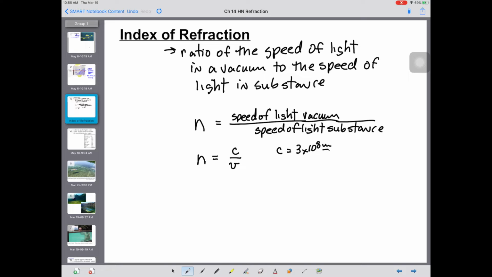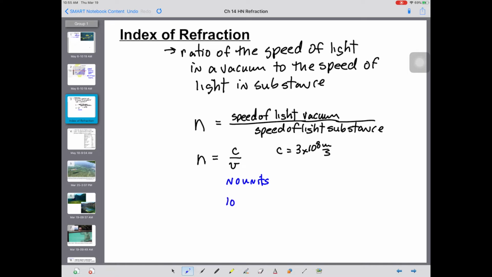We know from the nuclear chapter that the speed of light in a vacuum is 3 times 10 to the 8th meters per second. Now, thinking in terms of units, a speed over a speed, meters per second over meters per second, divide out. And so in terms of units, the index of refraction has no units.